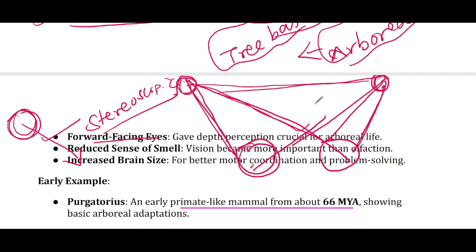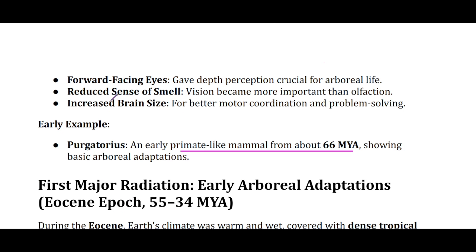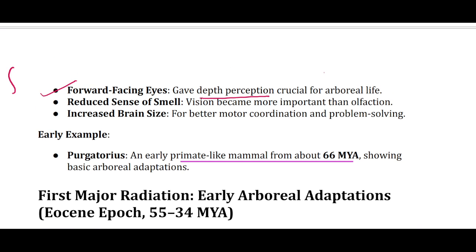This overlapping field of vision provides clear and well analyzed images along with depth perception. Depth perception means to see far away places, to see in depth, to see deeply.